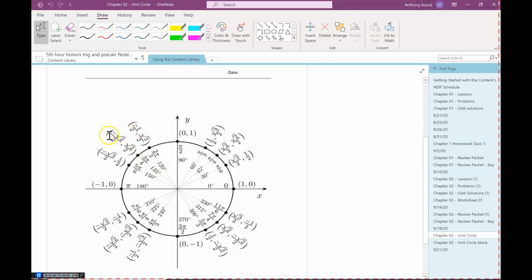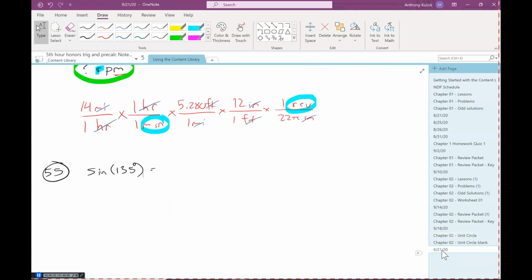So the x-coordinate there is negative square root 2 over 2, and the y-coordinate is square root 2 over 2. I know in a unit circle situation, the y-coordinate is sine. So I'm just going to write down square root 2 over 2. So it's just reading it off the unit circle is all I needed to do.